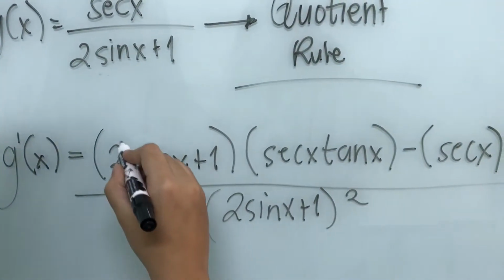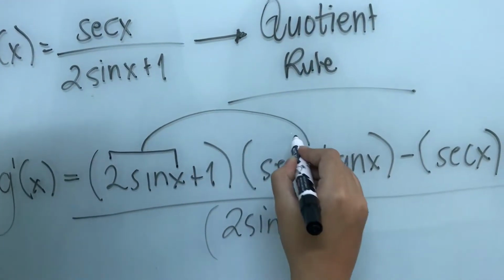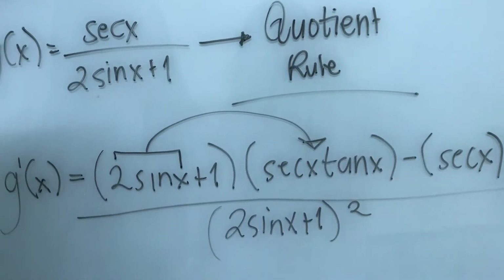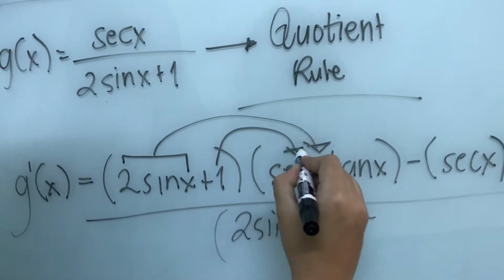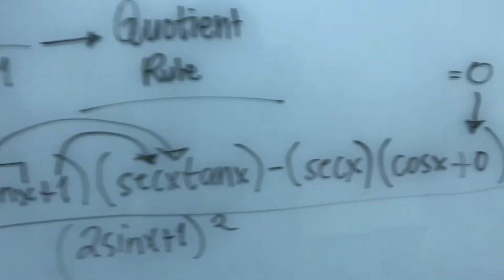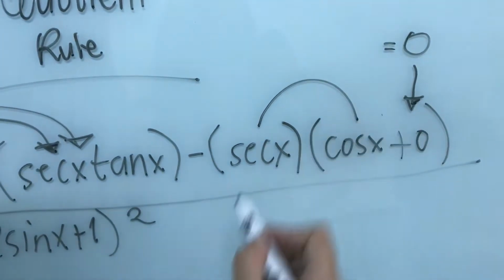Next step. So for our next step, we will apply the distribution method. So 2 sin x will be multiplied to the quantity of secant x and tangent x. And 1 will be multiplied by the quantity of secant x tangent x. Secant x will also be multiplied to the quantity of cosine x.